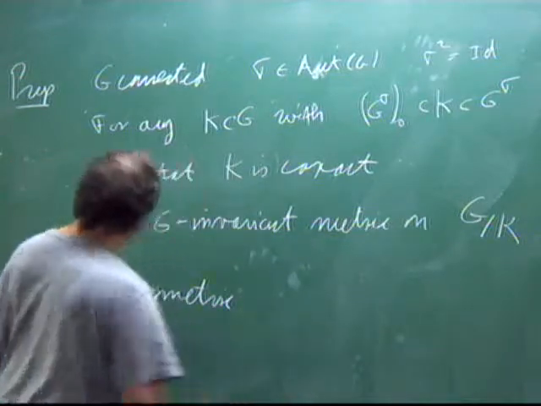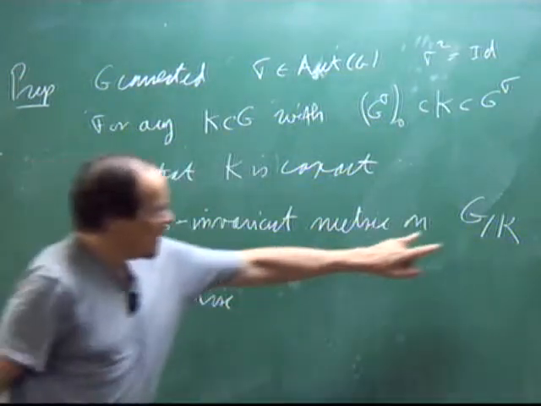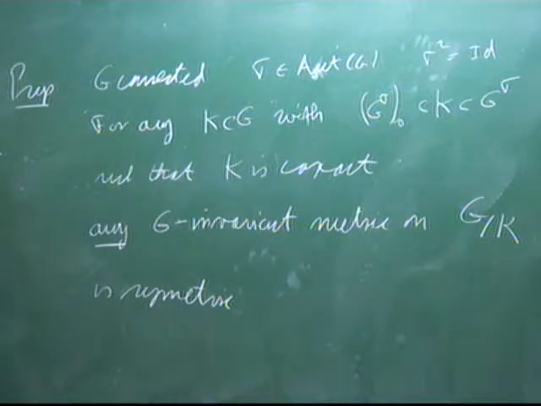And of course, we already saw, because K is compact, G mod K has a G invariant metric. It doesn't matter which one I choose, any such metric must be symmetric automatically.